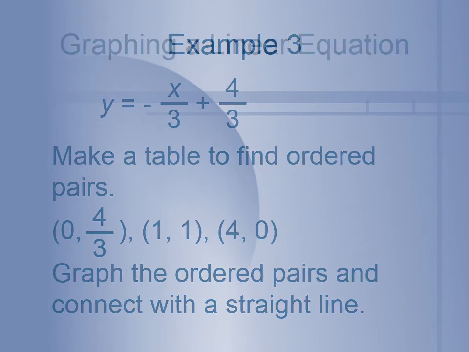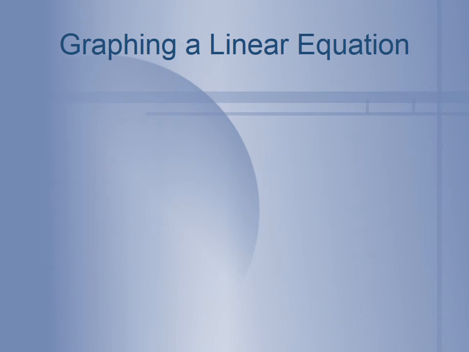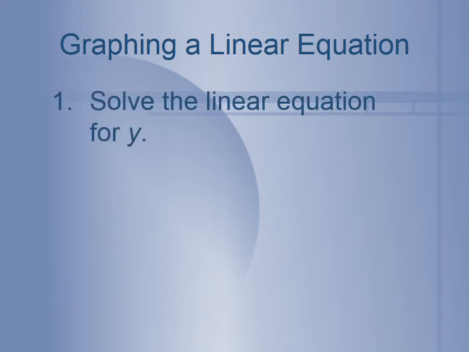All right, now I want to go over with you the steps of graphing a linear equation. Step 1, solve the linear equation for y. Okay, so it'll probably be in standard form, ax plus by equals c, and you have to solve for y in order to graph the linear equation.